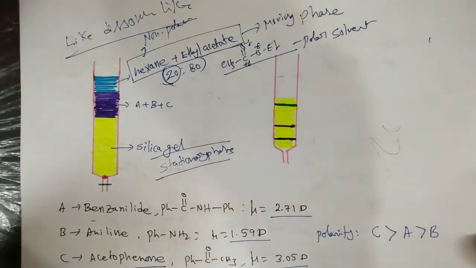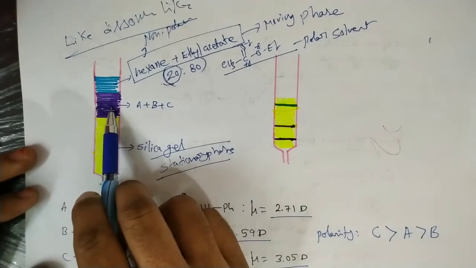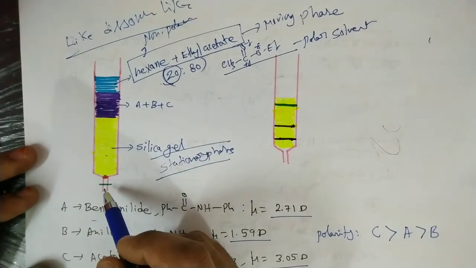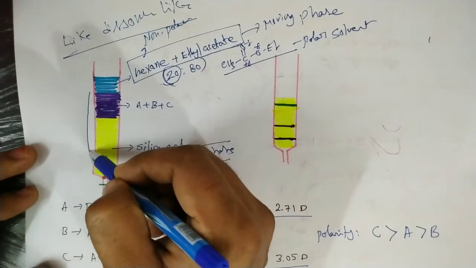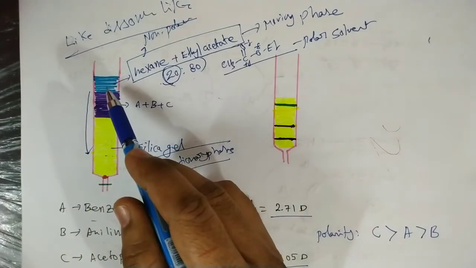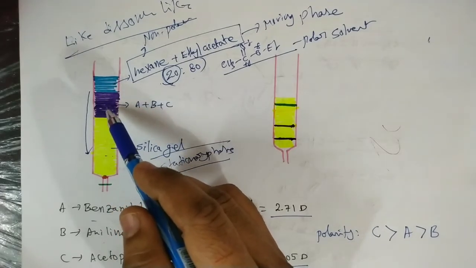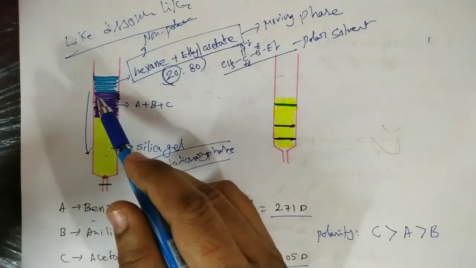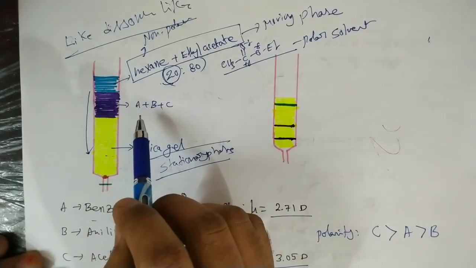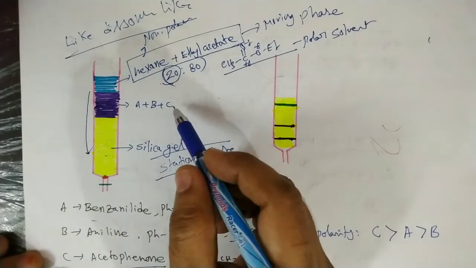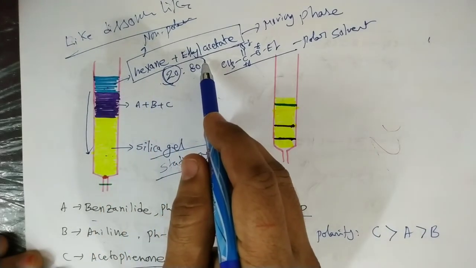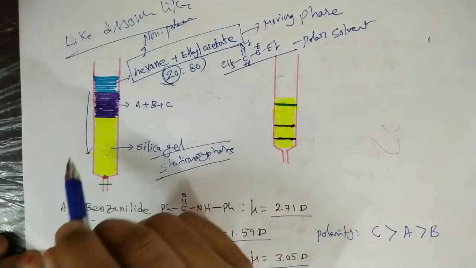So now in this case, silica gel is the stationary phase, with the mixture of compounds, and the solvent is the moving phase. Whenever we open the top cork, the solvent is moving through the mixture of compounds A plus B plus C. When the solvent is coming down, along with the solvent, which compound comes first of all? It is a polar solvent mixture, because 80% ethyl acetate is present in excess quantity.